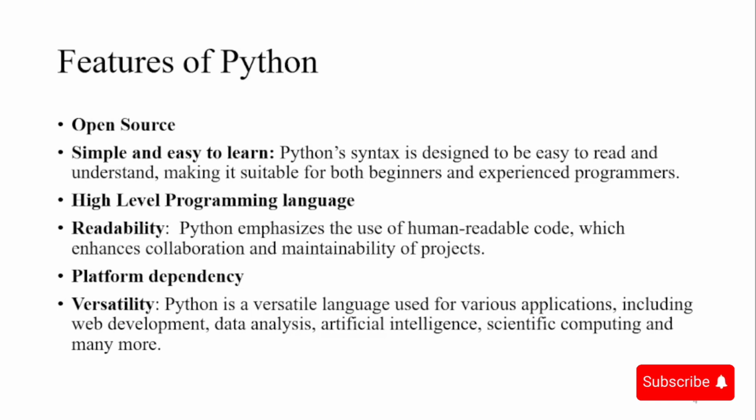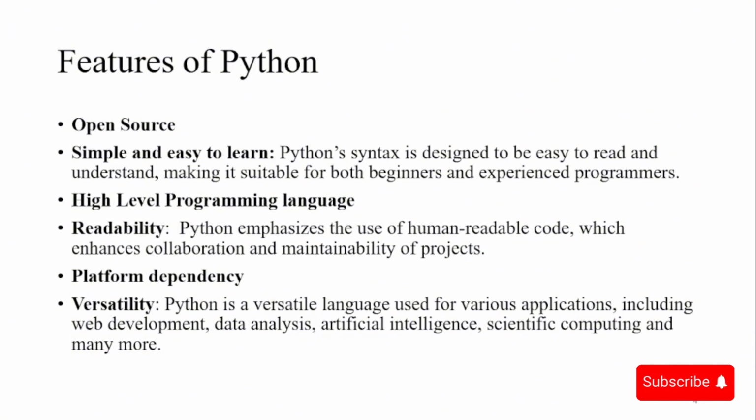Another characteristic is versatility. Python is a versatile language used for various applications, like web development, data analysis, artificial intelligence, scientific computing, and other types of applications. That is why we refer to it as versatile, meaning it can be used in different areas.